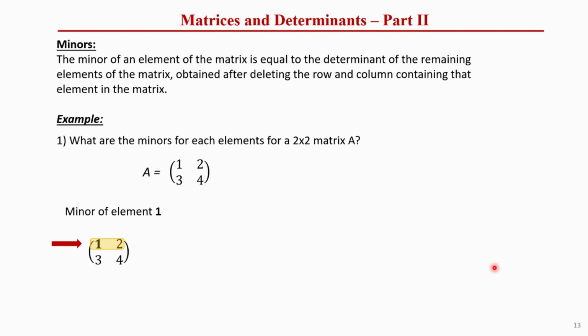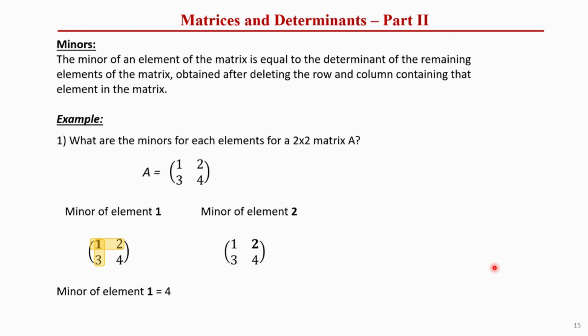Similarly, we delete the column containing element 1, which is column 1, right? And we are left with element 4. Well, we need to determine the determinant of element 4, but it's just a single element, right? So the determinant of a single element is itself. So the minor of element 1 is 4.